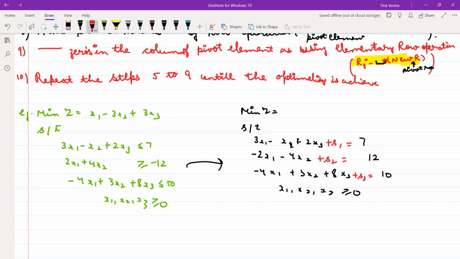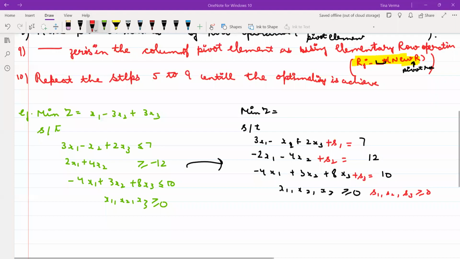Now you can see your slack variable has been added in every constraint. So you can start with the simplex iteration. Why I am saying so? Because when we have to perform first iteration, I should have identity matrix corresponding to the basic variables. So here all your S1, S2 and S3 are greater than equal to 0.